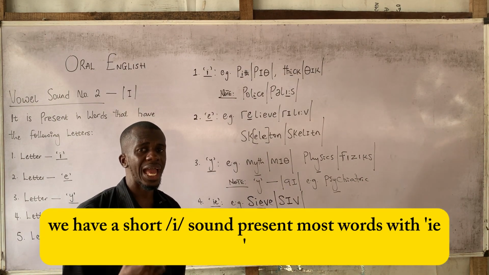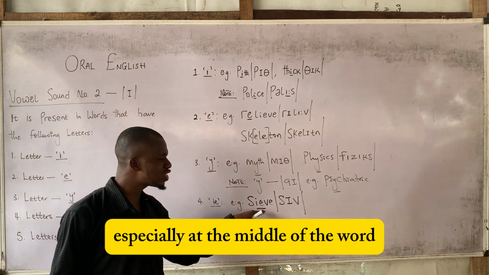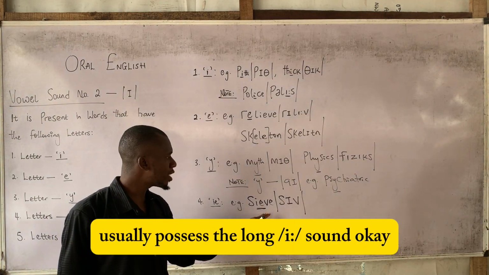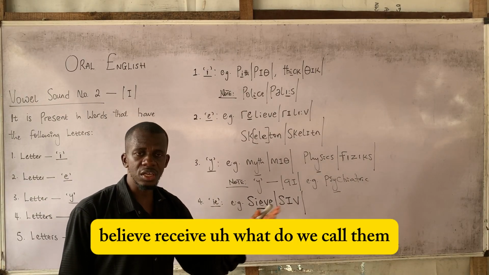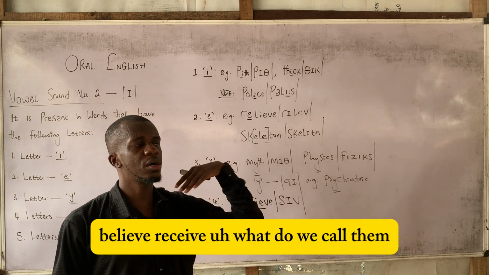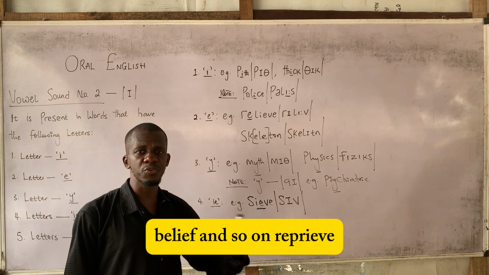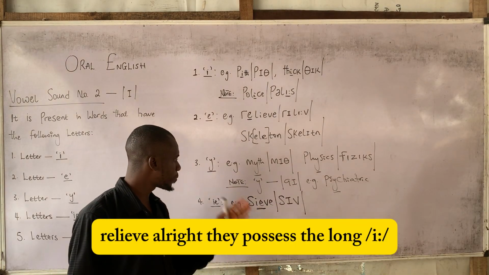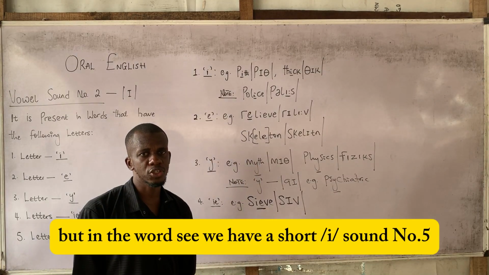Most words with IE in the English language, especially at the middle of the word, usually possess the long E sound. Okay? Believe, receive, and so on. Reprieve, relieve, all right? They possess the long E. But in the word see, we have a short E sound.